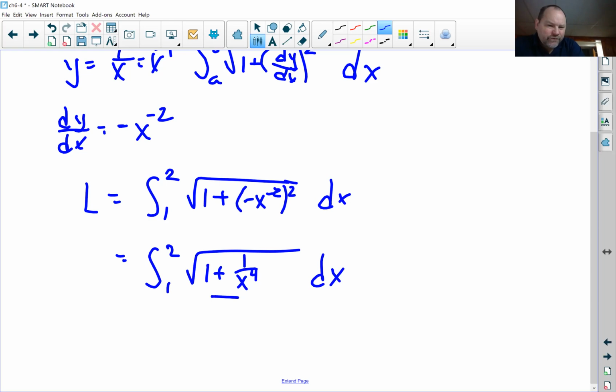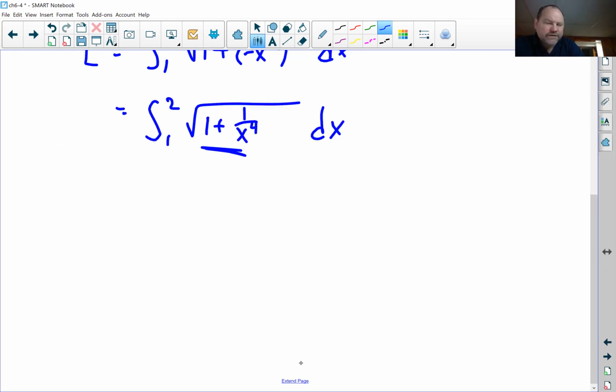But we don't have a way to calculate that integral directly. So we're going to estimate. A couple of options. One option would be to use our calculator.